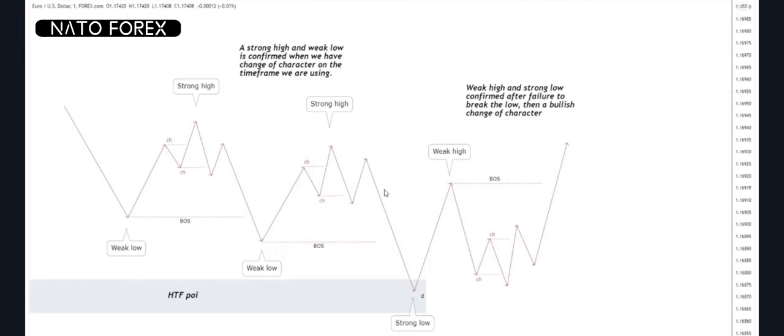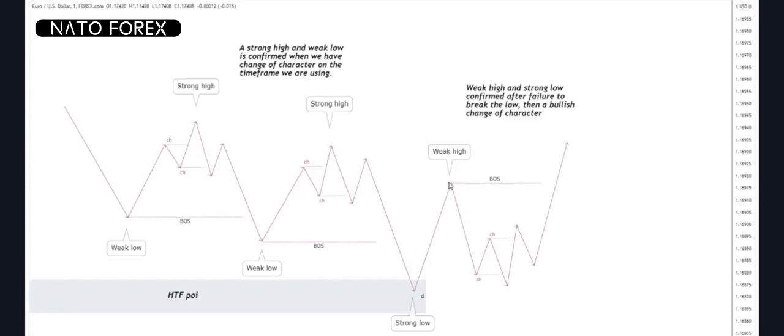Now, what's important, we come down into a high time frame POI, and this is the sort of area we want to see this happen. So we can now expect price to come up and respect this supply, this strong high, to go on to make a new low.